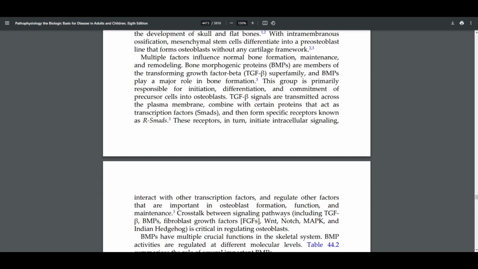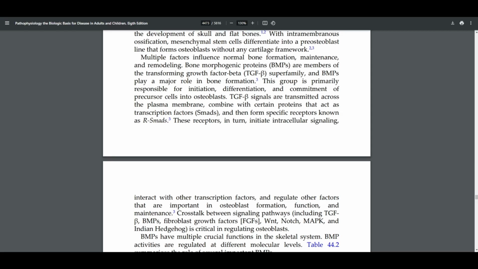Multiple factors influence normal bone formation, maintenance, and remodeling. Bone morphogenic proteins are members of the transforming growth factor beta superfamily, and BMPs, which is a bone morphogenic protein, play a major role in bone formation. This group is primarily responsible for the initiation, differentiation, and commitment of precursor cells into osteoblasts.